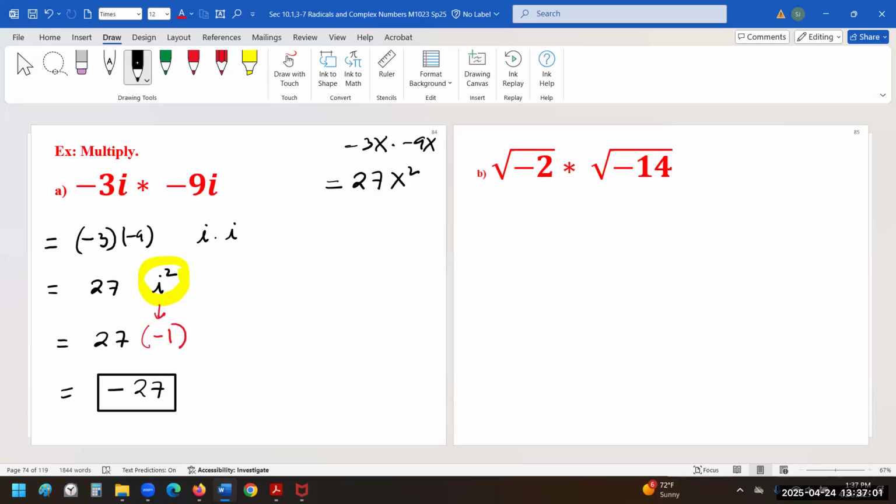I times I is I squared, and I squared is... No, I is square root of -1. So when you have I times I, it turns into the real number -1 without the square root.